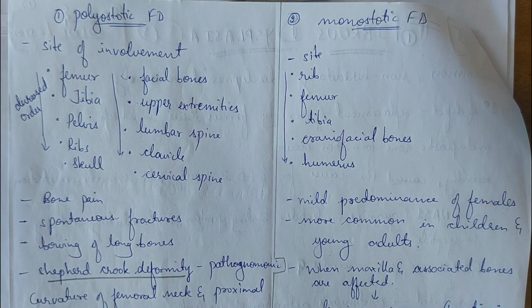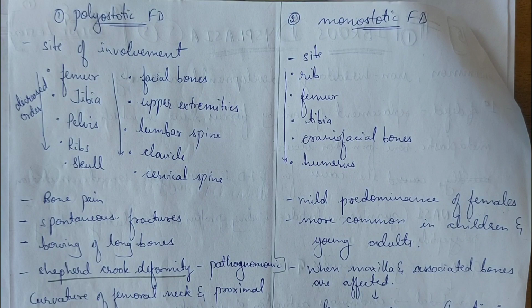Now the sites of involvement in polyostotic are femur, tibia, pelvis, ribs, skull, facial bones, upper extremities, lumbar spine, cervical spine and clavicle, in decreasing order, whereas in monoostotic the sites are rib, femur, tibia, craniofacial bones and humerus. In polyostotic, we can see pain in the bone, but in monoostotic there is a mild predominance of females.